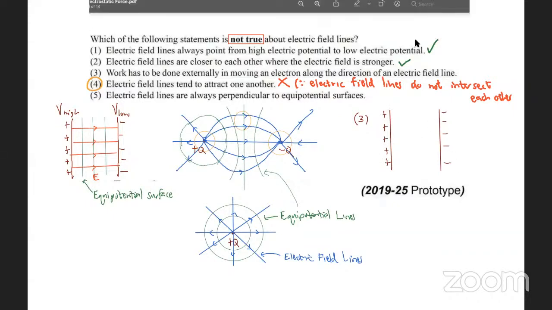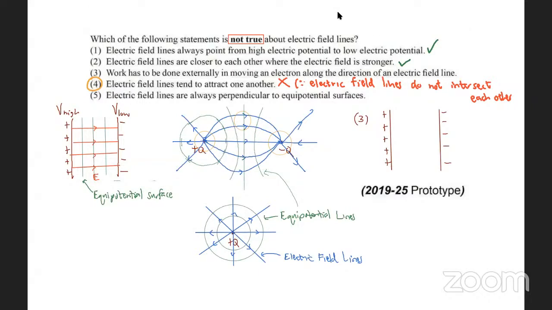How should I mark the direction of the electric field, people? From plus to minus, right? So this is the direction of the electric field. Wait, I'll draw some lines first and then we'll put the arrow. Okay, this is the direction of the electric field.